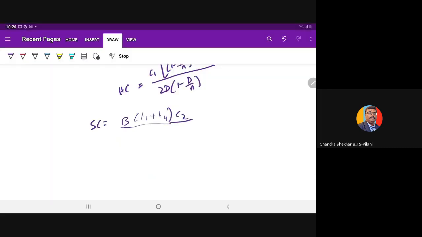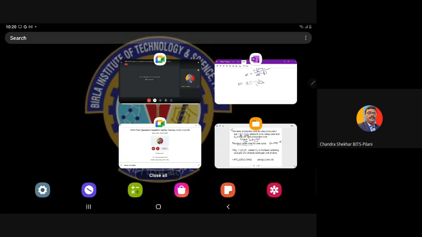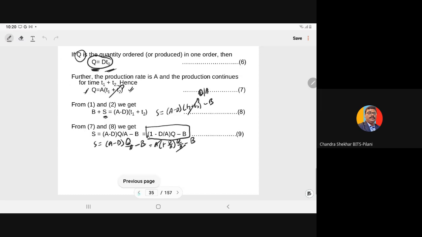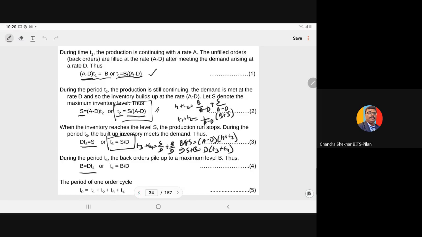Now from here we can see that T1 is equal to B upon (A minus D).